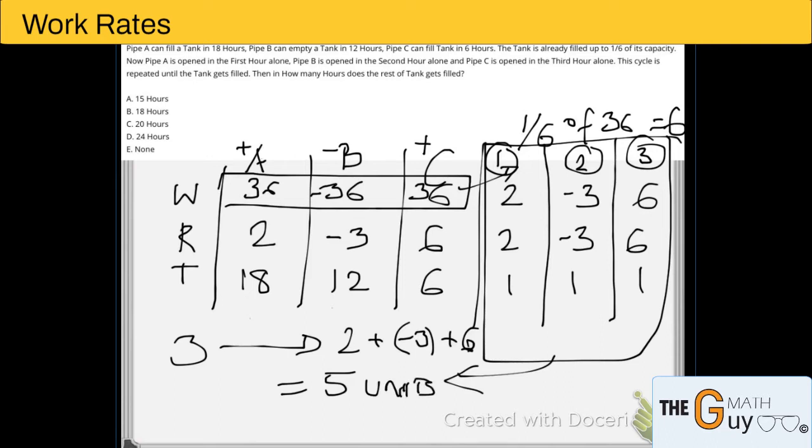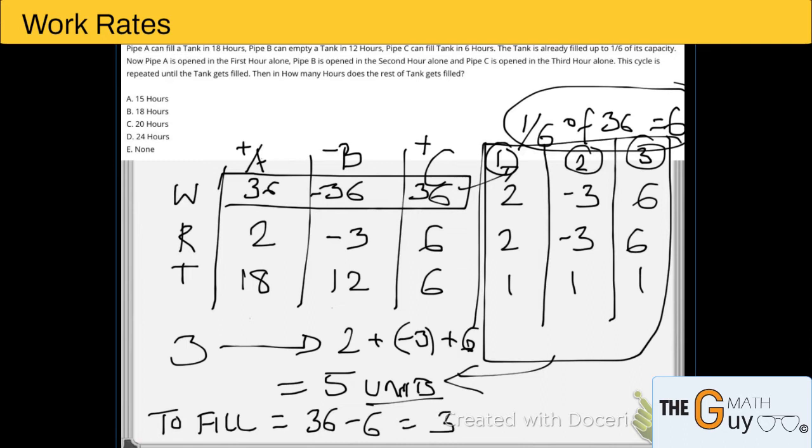In 3 hours, 5 units are getting filled. How many do we have to fill? Well, 6 units are already filled, so we have 36 minus 6, which is 30 units to fill.